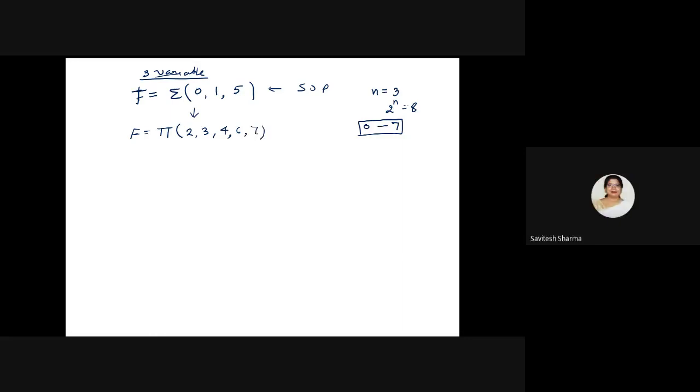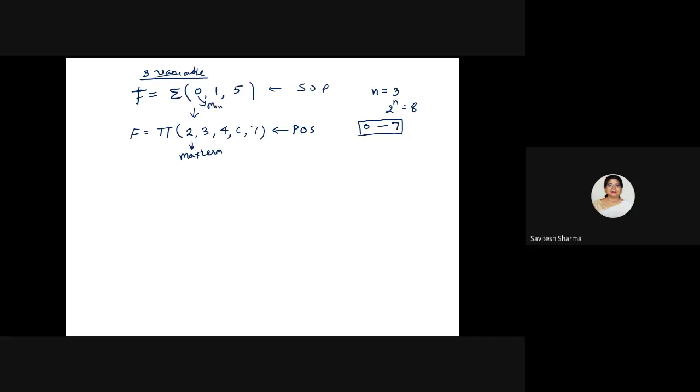So this is my POS form. This will directly give you the POS form, and these are your max terms, and these are your min terms.